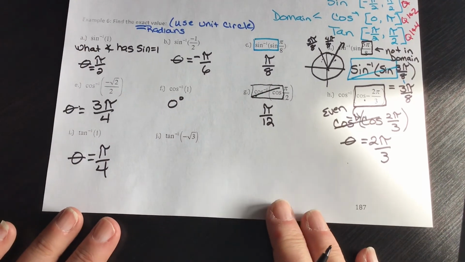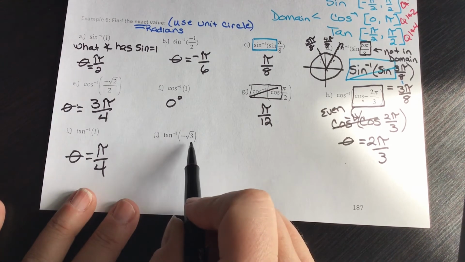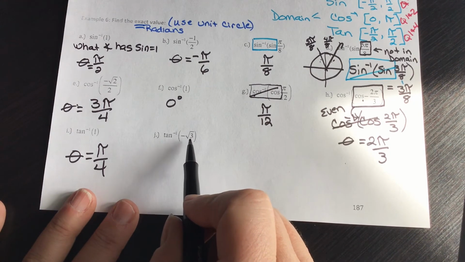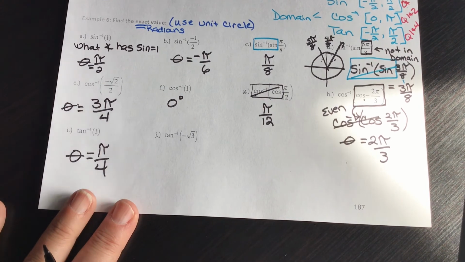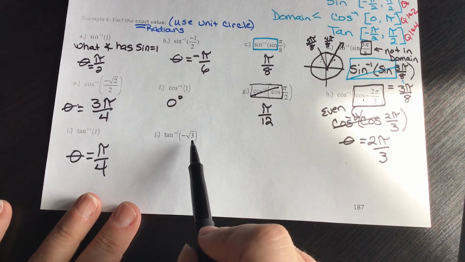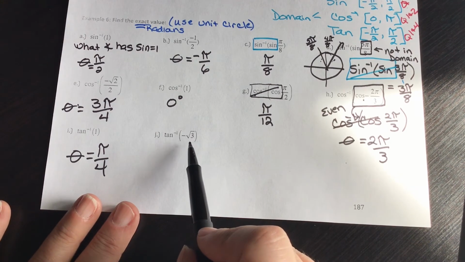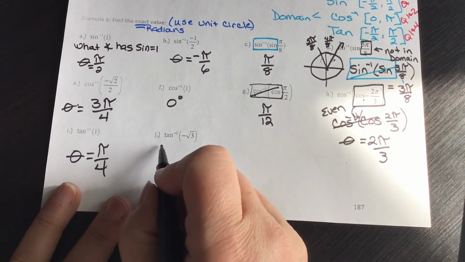And the last one, this is probably the hardest one. I want to know what angle has a tangent of negative square root of 3. All right, so tangent is negative in quadrant 4 and quadrant 2.